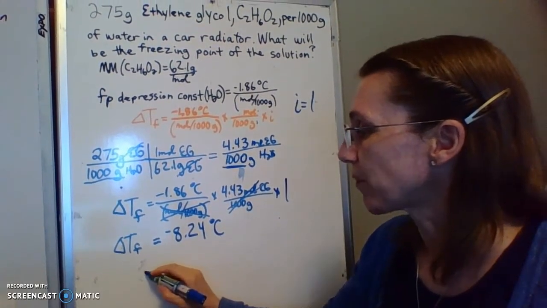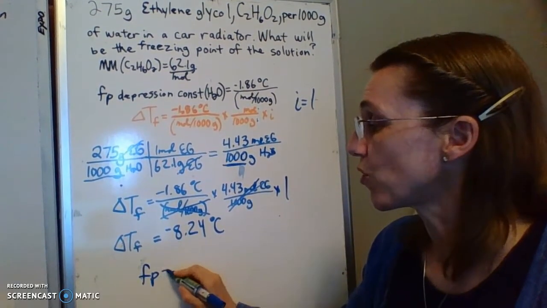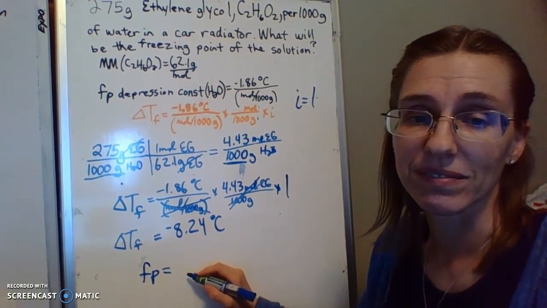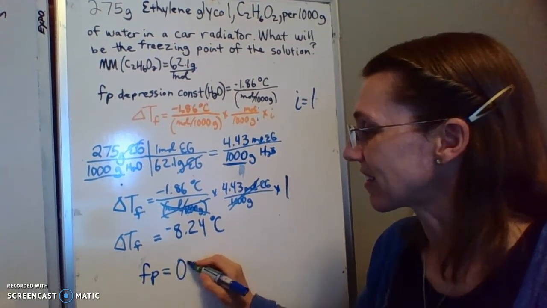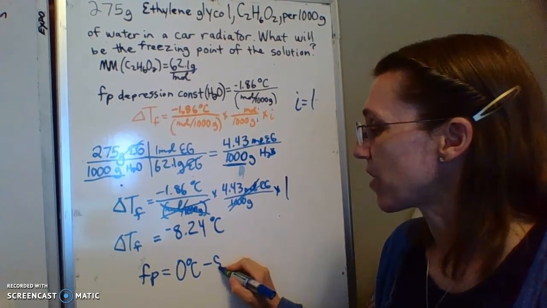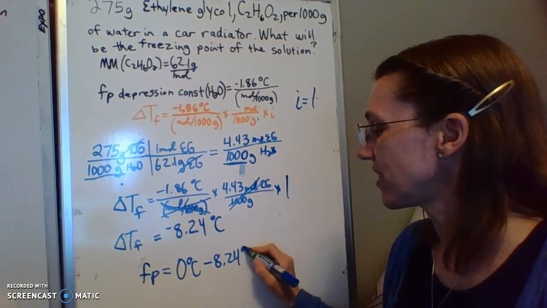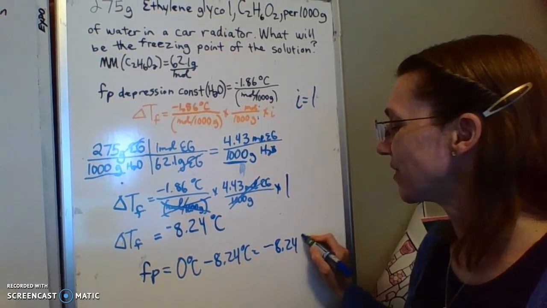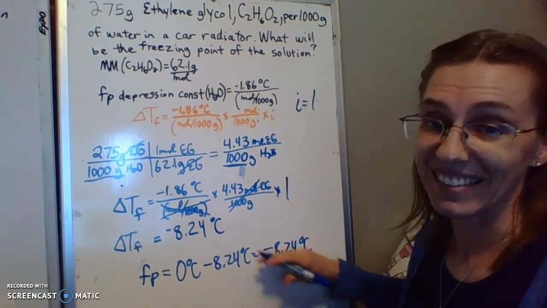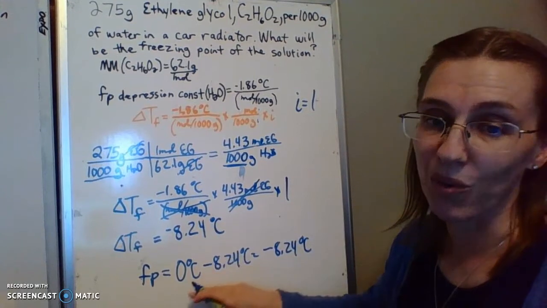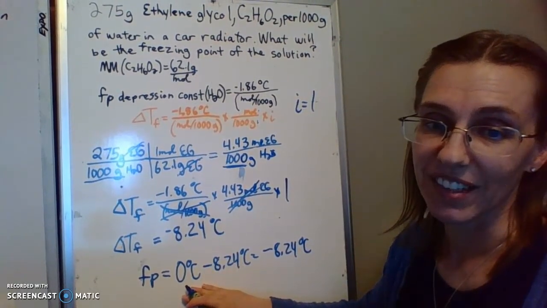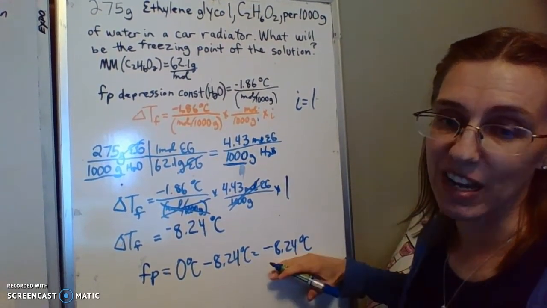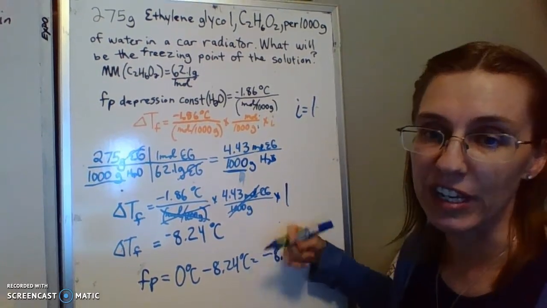Now with water, the normal freezing point of water is what? 0 degrees Celsius. And then we're going to subtract our 8.24 degrees Celsius. So we do get negative 8.24 degrees Celsius. That is the same number as this, but only because we're using water. So I want you to show me this last step so that I know that you're thinking about it.